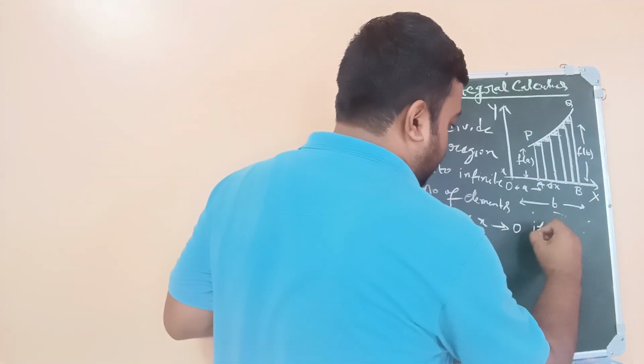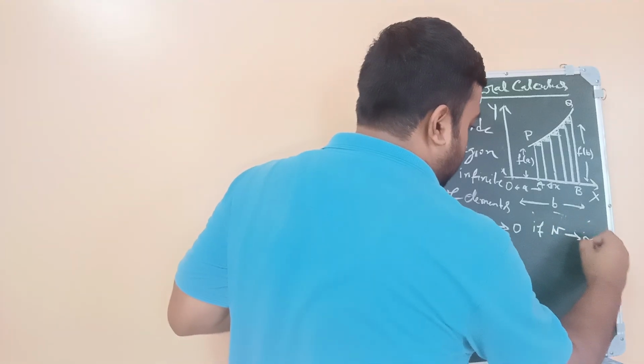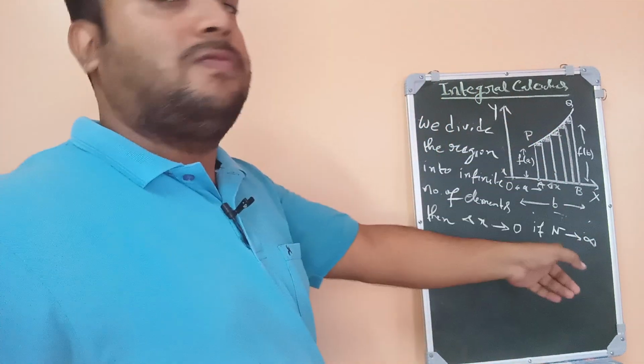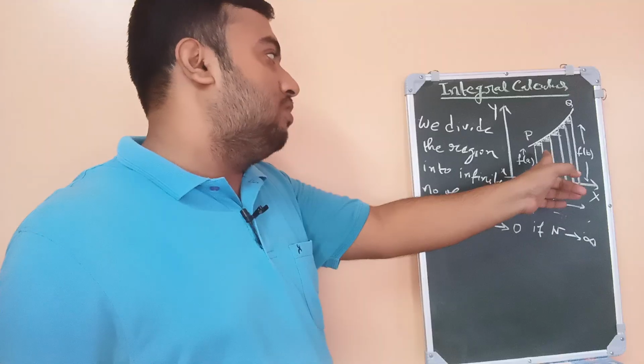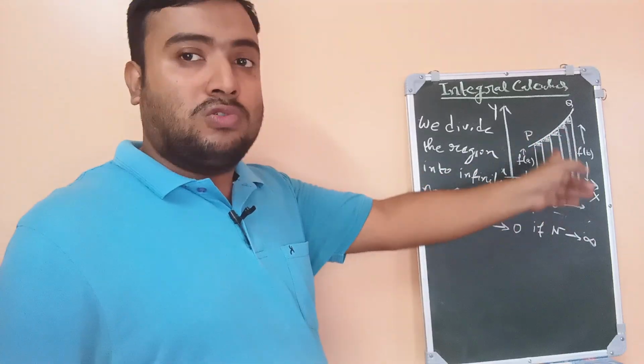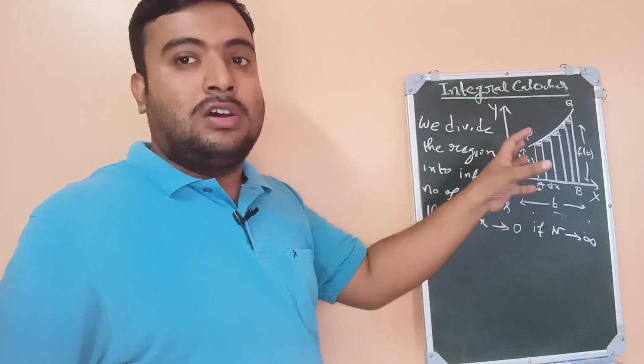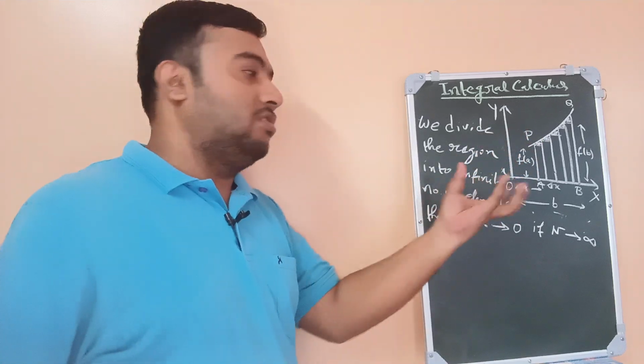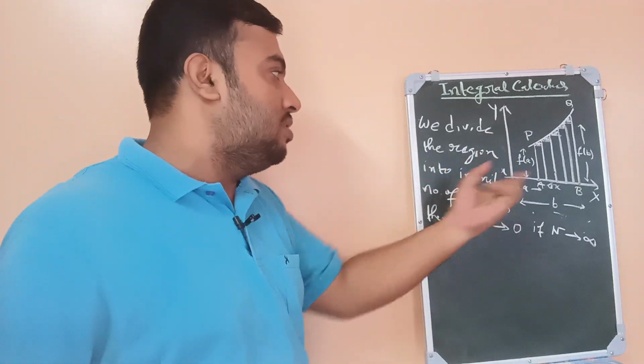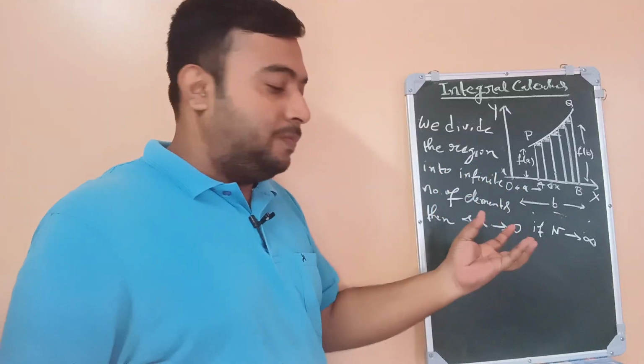If capital N tends to infinity, an infinite number of bars are there, so they will touch the curve PQ more closely. So the triangular areas which are not considered in that mathematical equation will tend to 0.